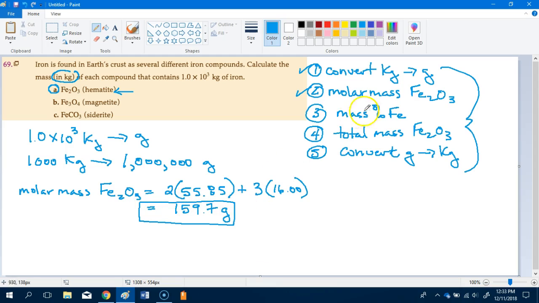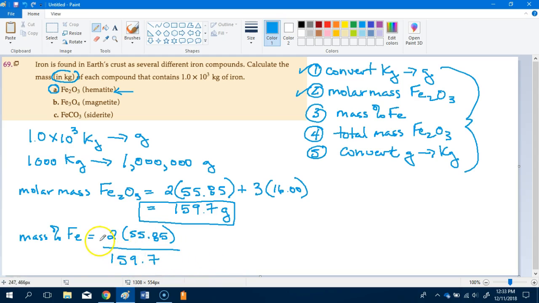The next thing we're going to do is use that molar mass to find the mass percent composition of iron within hematite. So to do that, we're going to find the mass percent of Fe in the hematite, and that's going to be twice the molar mass of iron, 55.85, divided by the total molar mass of the hematite.